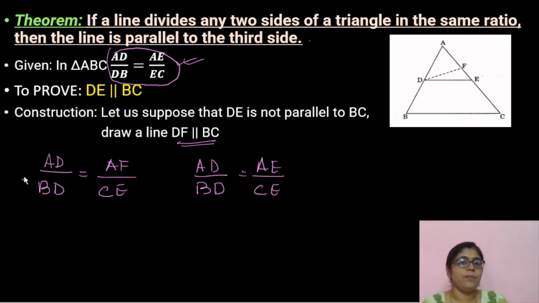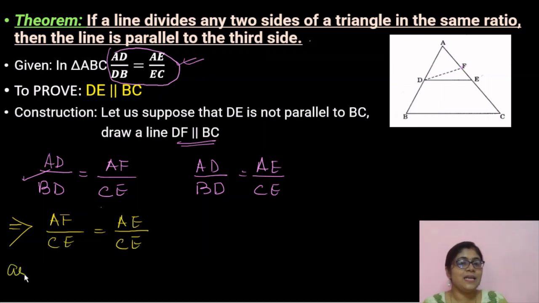So as AD by BD equals AF by FC, and here AD by BD equals AE by EC, we can write that this implies AF by FC equals AE by EC.